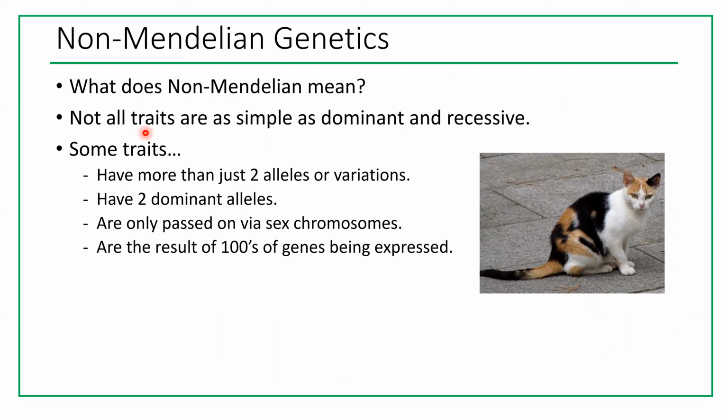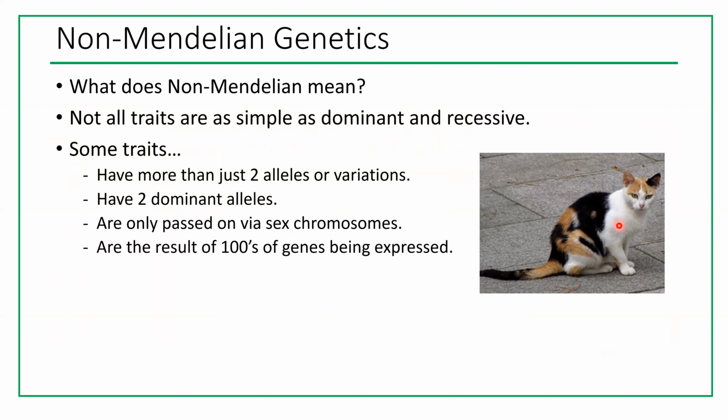It means that not all traits are as simple as dominant and recessive. Some traits have more than just two alleles or variations. Some traits have two dominant alleles. Some are passed only via sex chromosomes, and some traits are a result of hundreds of genes being expressed.